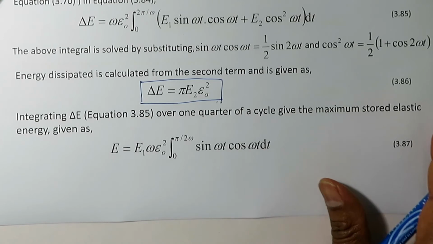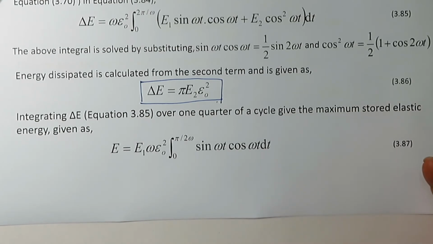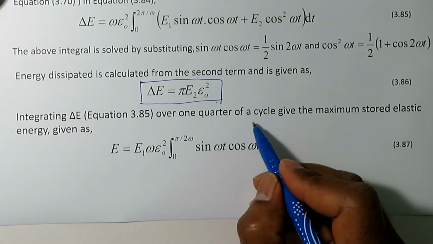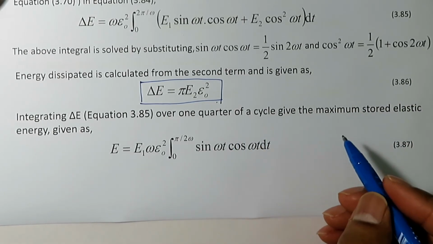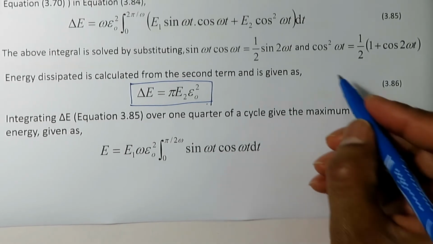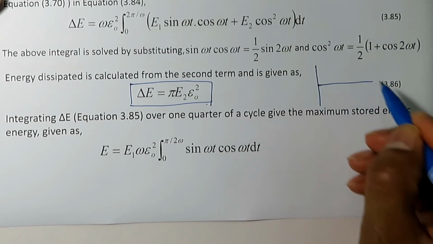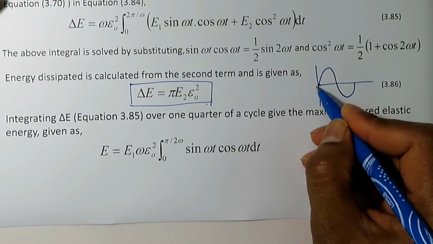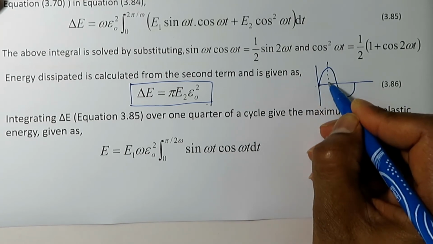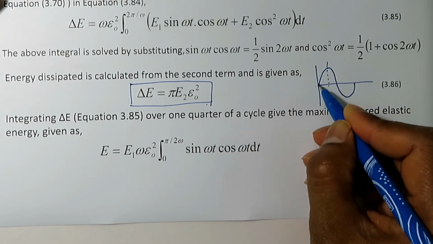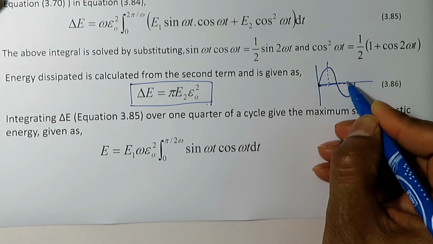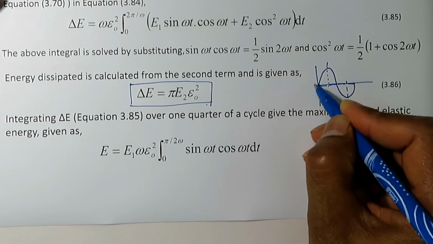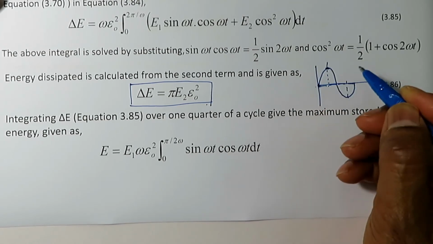Now we want to know the energy storage, how much energy is stored. The maximum energy storage will be when the cycle is only a quarter. Considering this cycle, for example, so this is a complete cycle, so this is a quarter of the cycle: 1st quarter, 2nd quarter, 3rd quarter, and the 4th quarter. Considering only the 1st quarter, this gives the maximum strain storage.